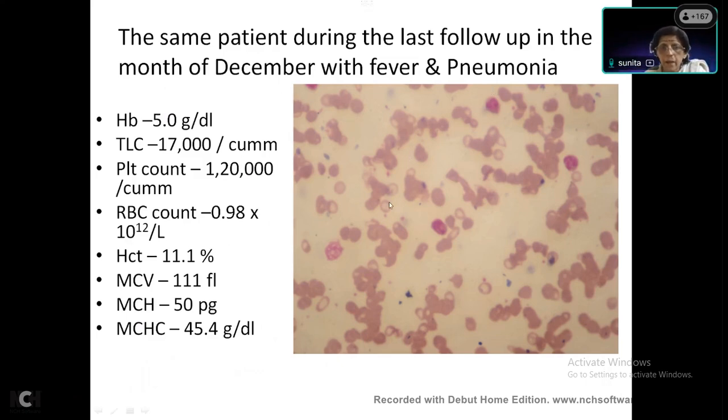It's December, cold weather, and this parameter is very suggestive, because this whole bunch of cells is counted as one cell. So the RBC count is erroneously low. The hematocrit is also erroneously low, and when you calculate MCHC, it becomes falsely high. That gives a clue for the diagnosis of CAD.